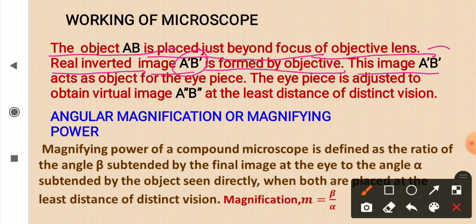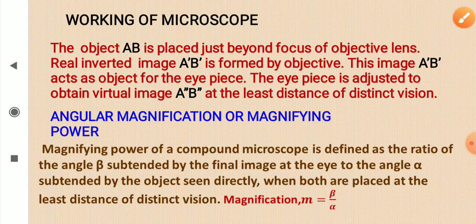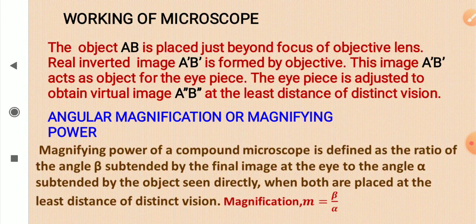This image A dash B dash acts as the object for the eyepiece. The eyepiece is adjusted to obtain virtual image A double dash B double dash at the least distance of distinct vision. So that's how we can explain the working of this compound microscope, and it's important.